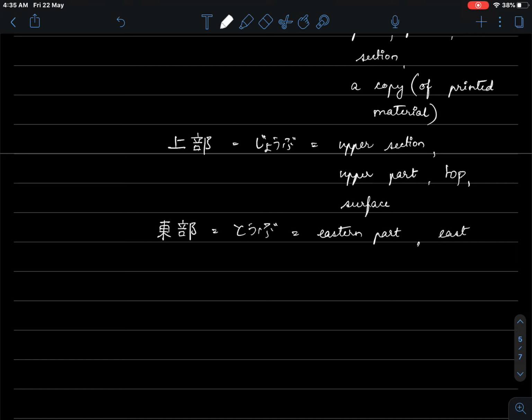Again, this is a bit context sensitive, I would say. Now this is a bit of a tricky meaning. This will be read as buka, and this means subordinate.